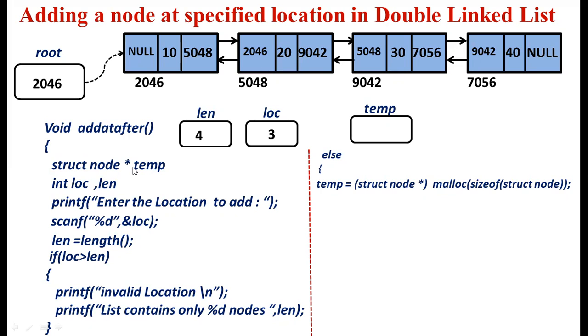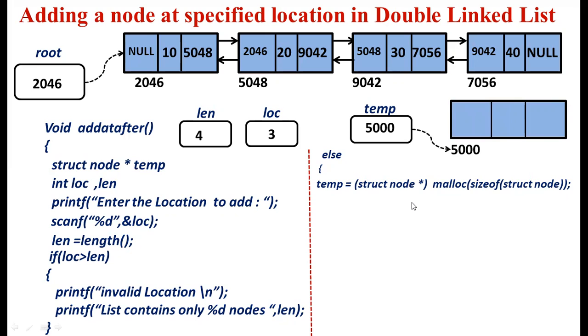So we are implicitly converting the void type into struct node pointer type. So typecasting we are doing here. So the node gets created at a specific location, say 5000, and will be assigned to temp, so that the temp will be temporarily pointing to the newly created node.